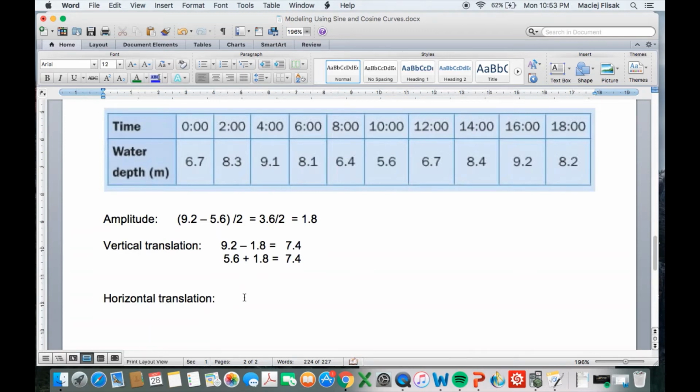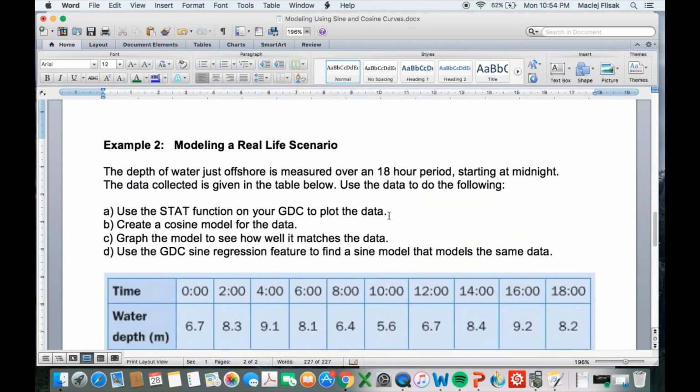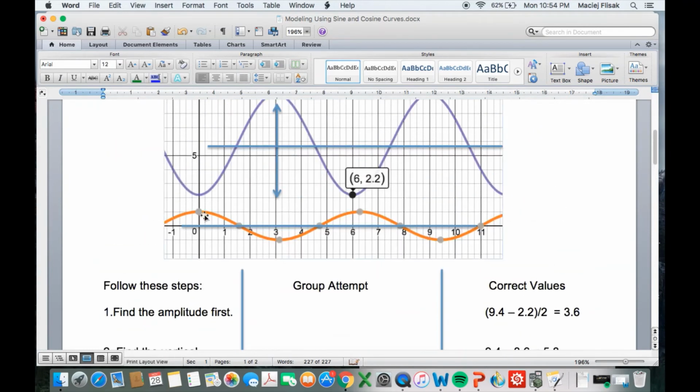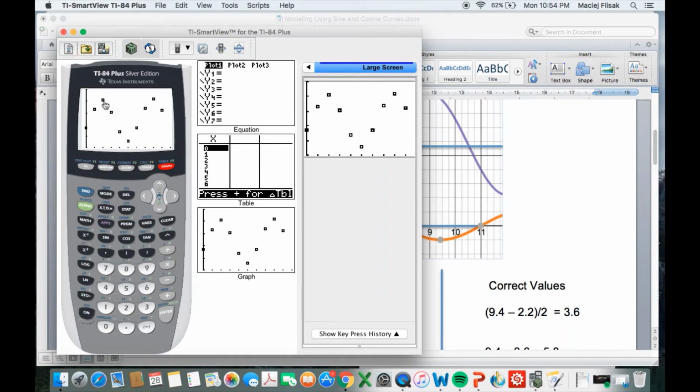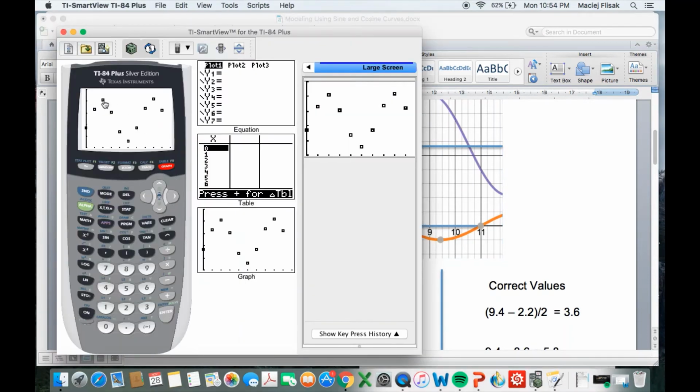Horizontal translation, this is how it moved over, right? So let's look at the graph again. Here's the upper point right here. And remember, normal cosine graph, let's go back to the diagram one more time. Normal cosine graph begins here at 1. And now mine has the top point. The top point was here at 0 on the x, and now the top point is not at 0 on the x. Where is that top point?